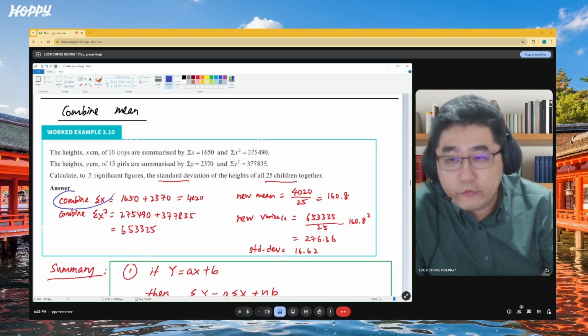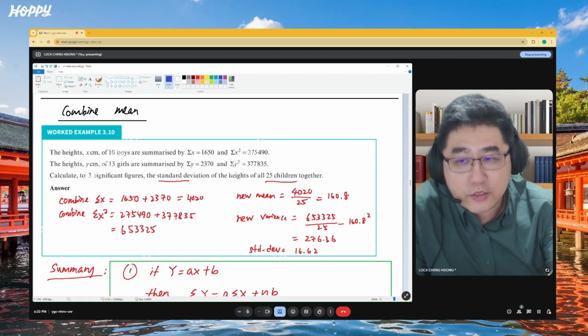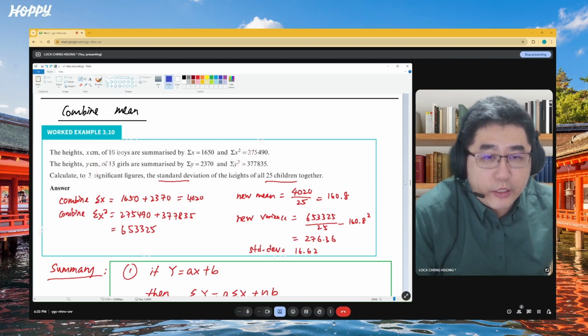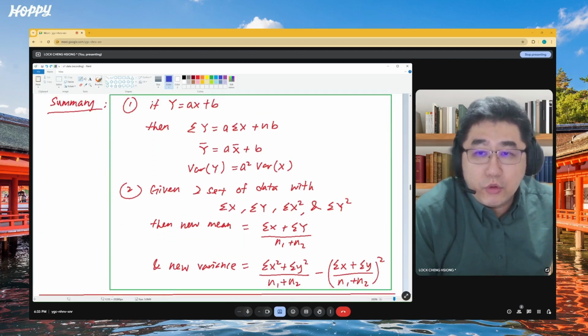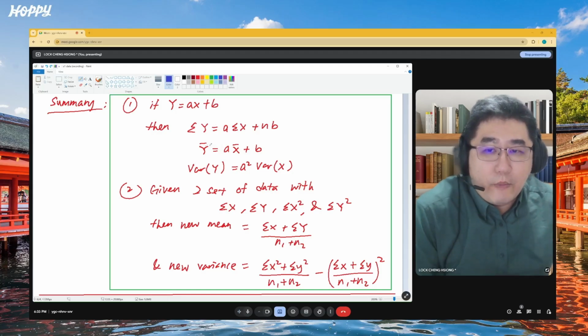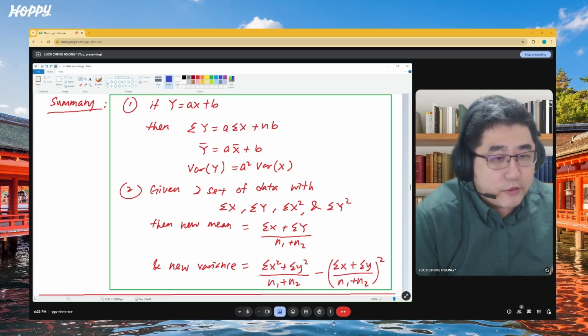So you need to have a combined sum of x and a combined sum of x squared. Okay, so over here, at the bottom, I write out the summary. In the case of linear coding, so y equals to ax plus b, then the sum of y equals to a sum of x plus nb, bar y equals to a bar x plus b, and the variance of y equals to a squared variance of x.